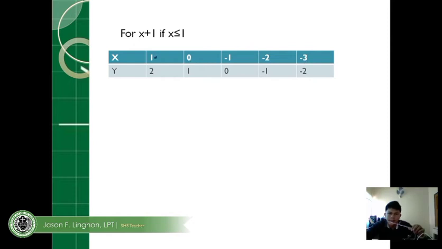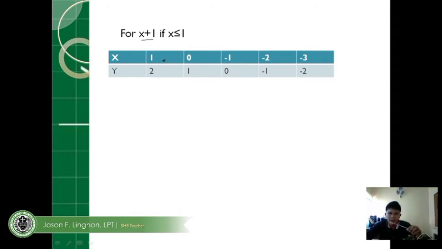So, dito, 5 lang yung ginawa natin ng table of values para lang makita natin yung kanyang graph. Okay? So, if x is 1, substitute the value of x sa iyong equation na x plus 1 para makuha yung y. Okay?